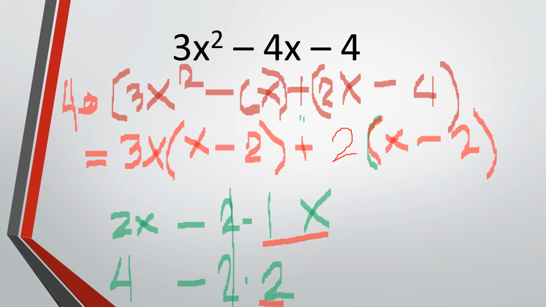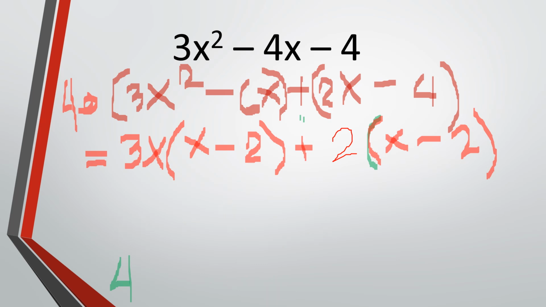Alright, now let me erase this. Okay, we put equals. The common factor is x minus 2.